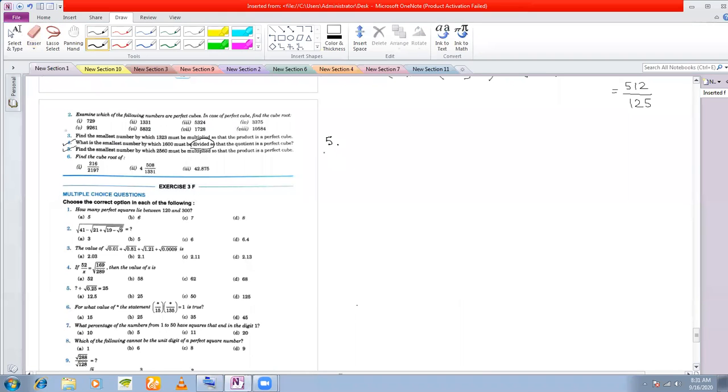Find the smallest number by which 2560 must be multiplied so that the product is a perfect cube. This time the word is multiplied. By what smallest number it has to be multiplied?